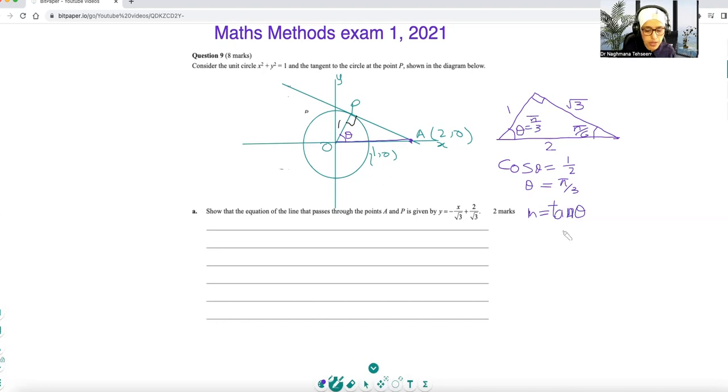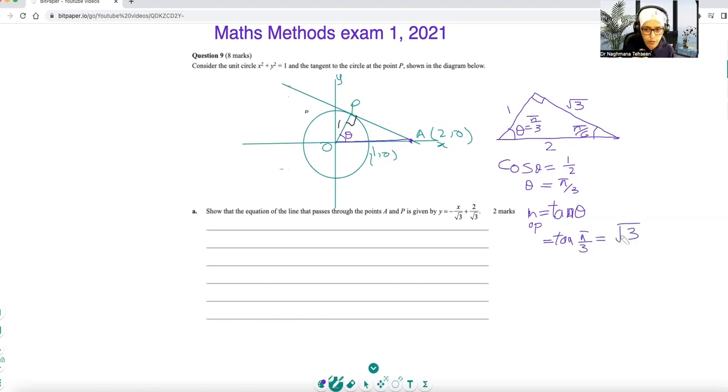So that's where we can get the gradient of the line. That would be the gradient of the line OP, which I've just named there. And we know that is equal to tan pi on 3, which is root 3.